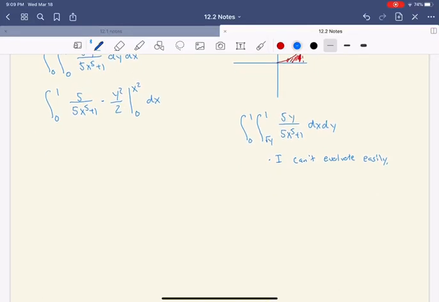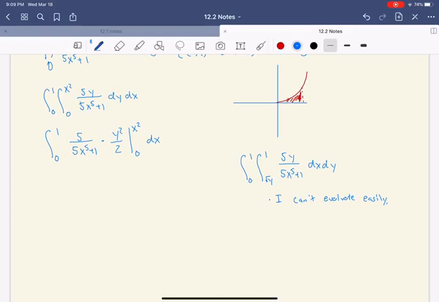Now, I'm going to pull out the 5/2. The integral from 0 to 1. Now here, the 5 and the 2 have been pulled out. We just have this y squared to deal with. But y squared has a limit of x squared. So that's going to leave us with x to the fourth over 5x to the fifth plus 1 dx.